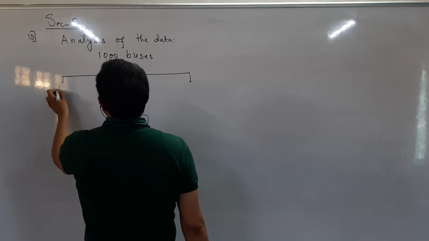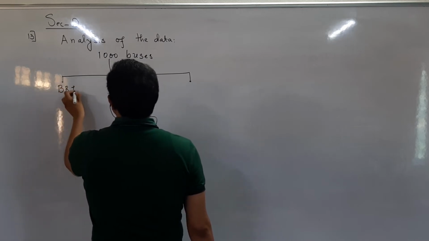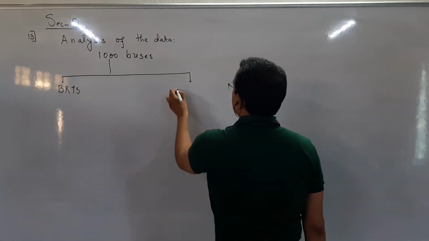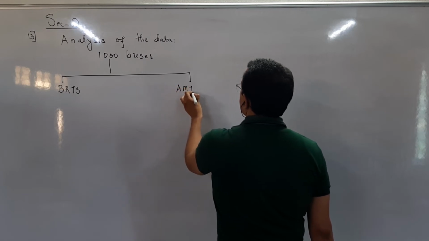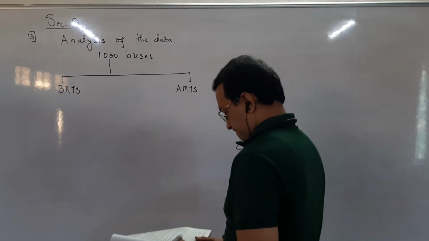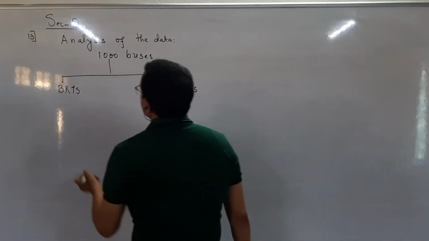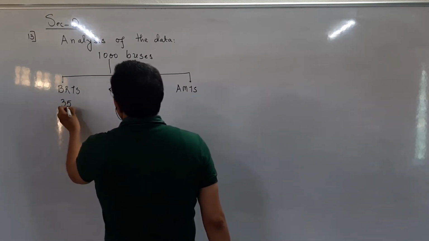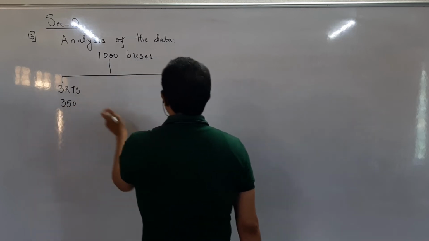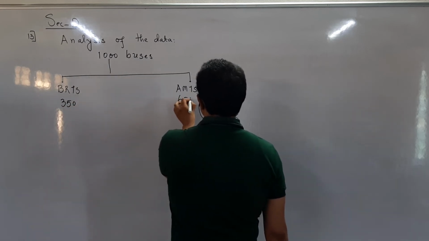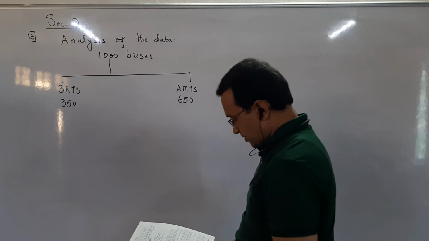One is BRTS and the other is AMTS. 350 are used as BRTS. So 1000 minus 350, 650 buses are used as AMTS.